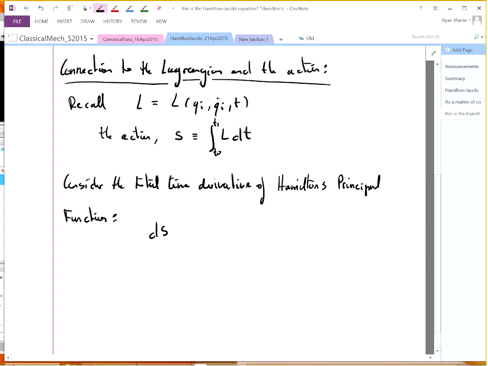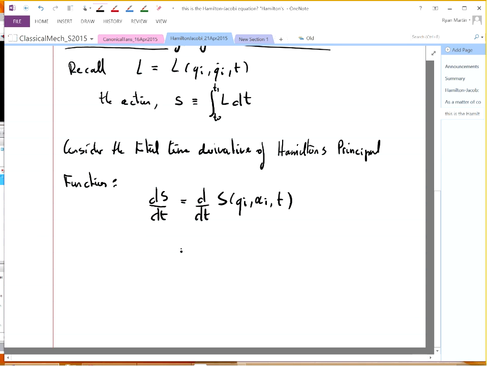So I want the total time derivative, dS/dt. So that's d/dt of Hamilton's principal function, which depends on lowercase qi, the constants alpha i, and t. So if I take the time derivative, then I have to do the chain rule, and S depends on the qi's, which themselves depend on t.